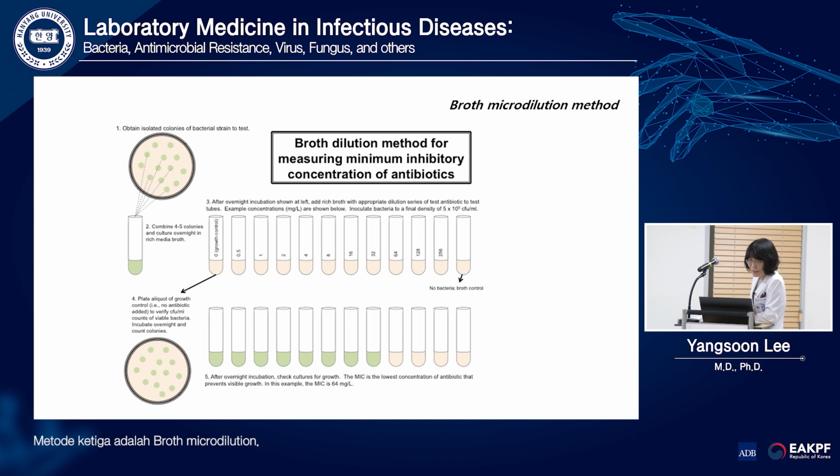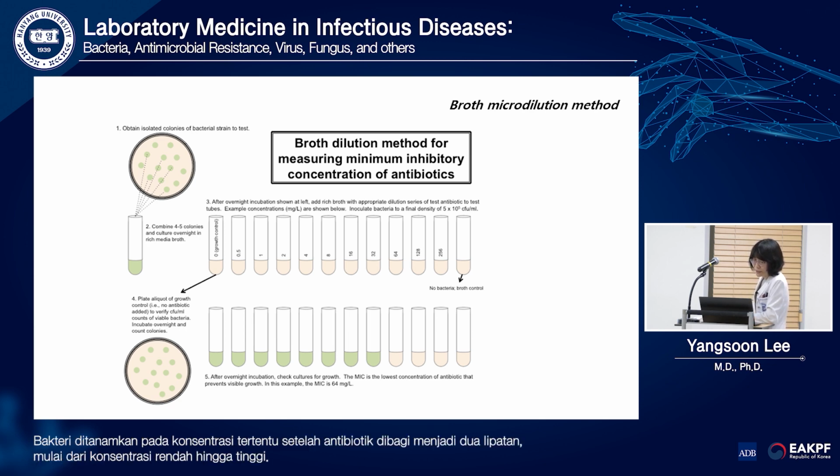The third method is broth microdilution. Bacteria are instilled at a specific concentration after antibiotics are divided into twofold dilutions, 1, 2, 4, 8, 16, 32, ranging from low to high concentration.